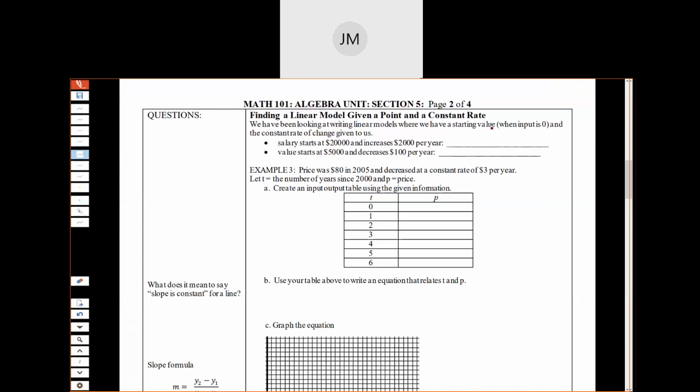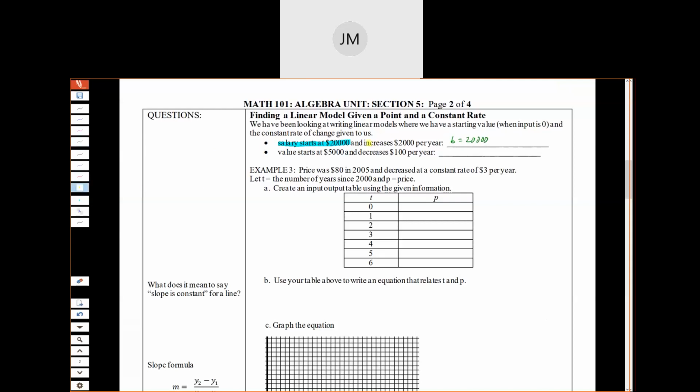So if I think about a starting value, like when my input is 0, then that's telling me that intercept b. So when they tell us salary starts at $20,000, then I can think in terms of my model as that being my intercept. So b is 20,000.